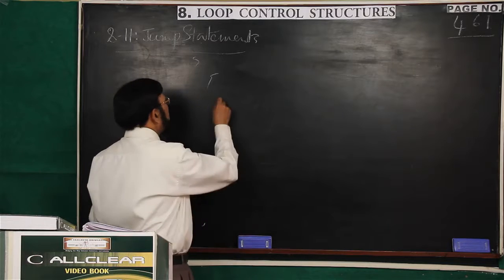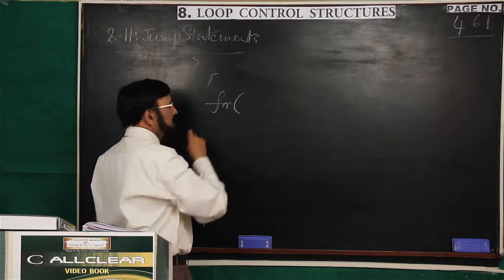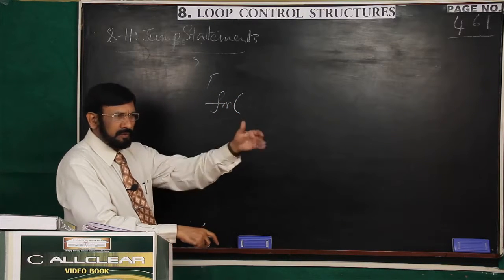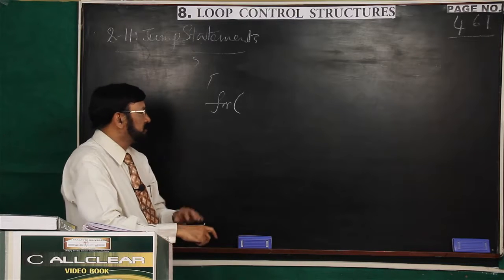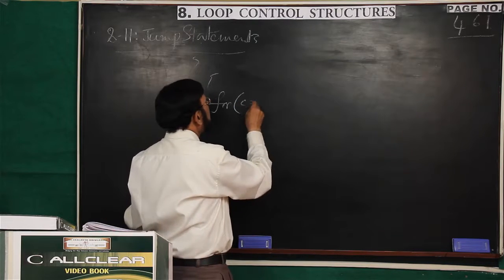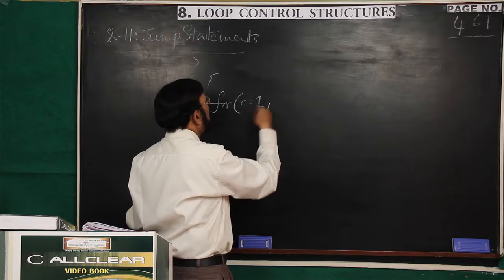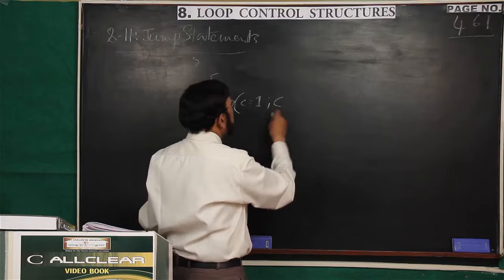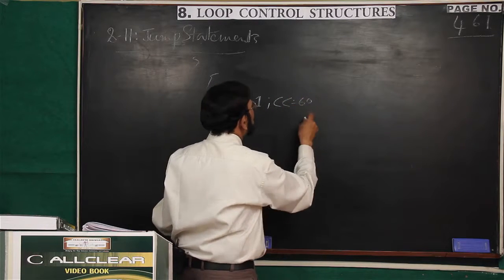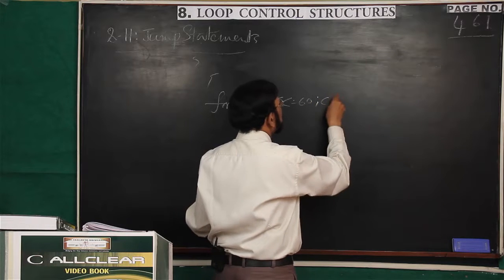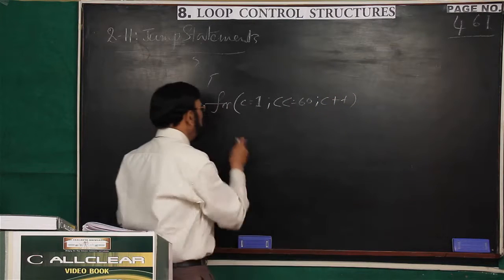Suppose a teacher has to evaluate the papers of her 60 students. Then what does she write? c is equal to 1, c is less than or equal to 60, c plus plus. She can write a while loop also.